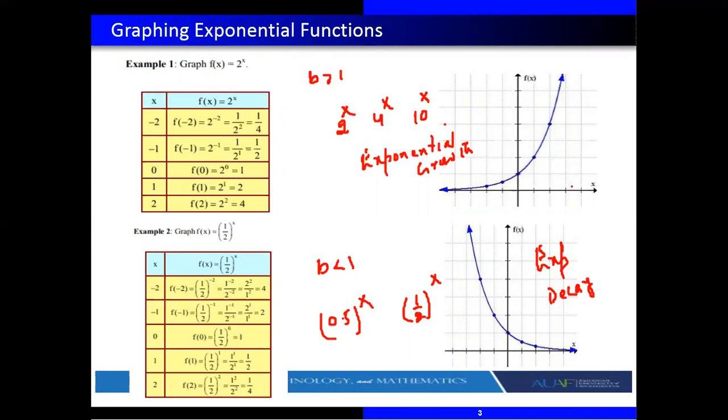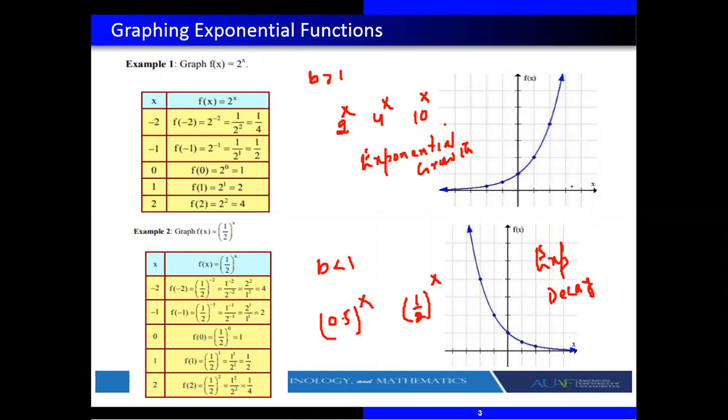So this situation we can graph like an exponential function. When something is increasing very rapidly, then it is exponential growth. When something decreases very slowly, like radioactive decay, the half life of radioactive decay.